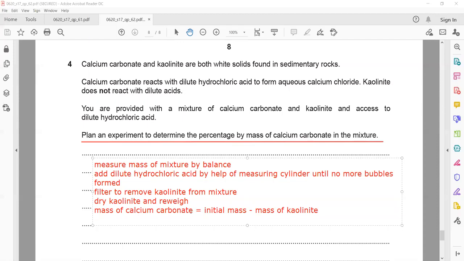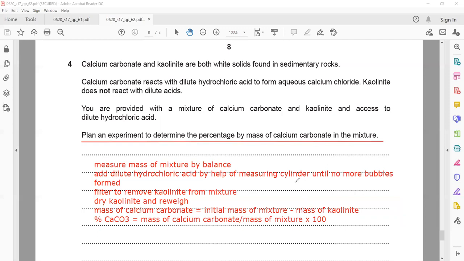So you can write a formula for the percentage. The percentage of calcium carbonate in the mixture is equal to the mass of calcium carbonate divided by the initial mass of the mixture, multiplied by 100.